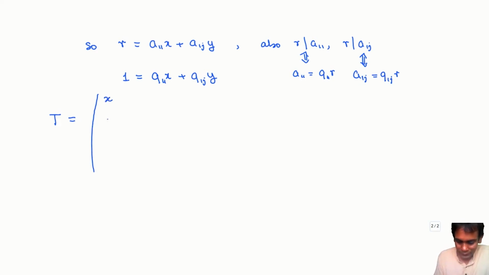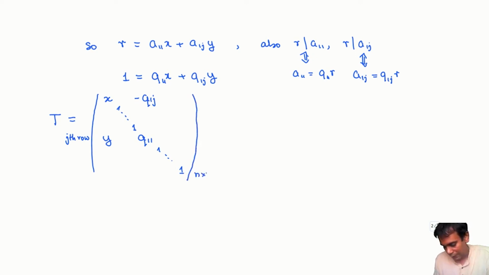In the 1 1th position, I'm going to put X, and it's going to have mostly zeros everywhere, but in the jth row here I'll put Y, and then I'll have identity ones along the diagonal, except now again in the jth row and jth column I'm going to put A11, and over here I'm going to put negative of Q1j, and here I'm going to put negative of Q1j, and I'm going to continue with the ones over here, and this is going to be an n by n matrix with entries in R, and everything else in this matrix is 0. Okay, so zeros everywhere.